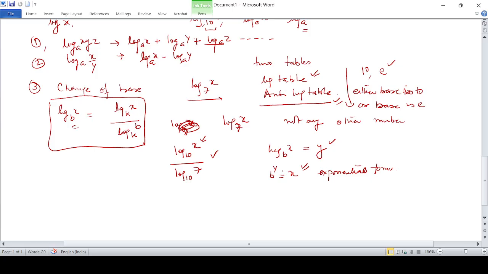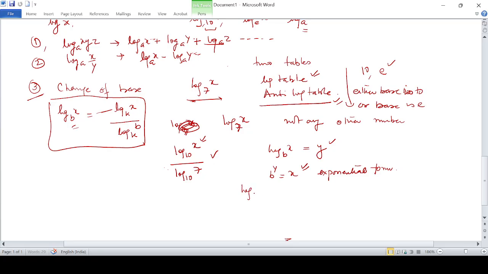What you do is take the log of this with some different base.